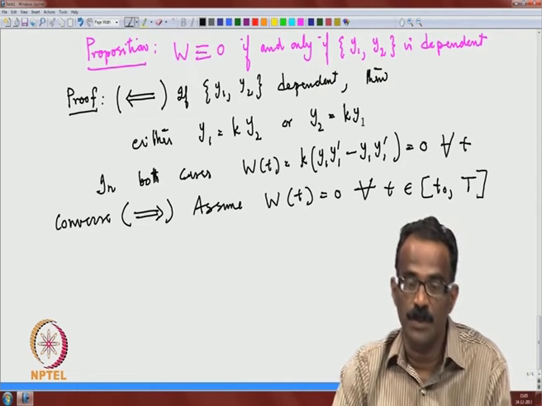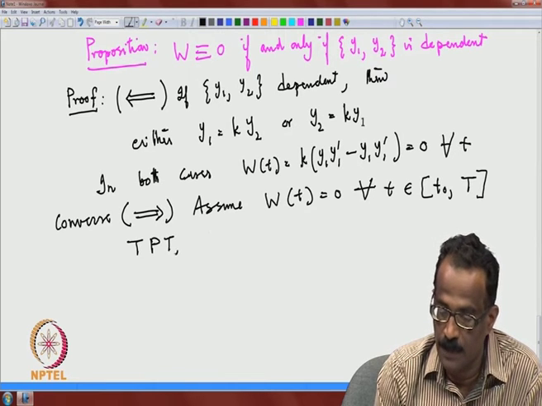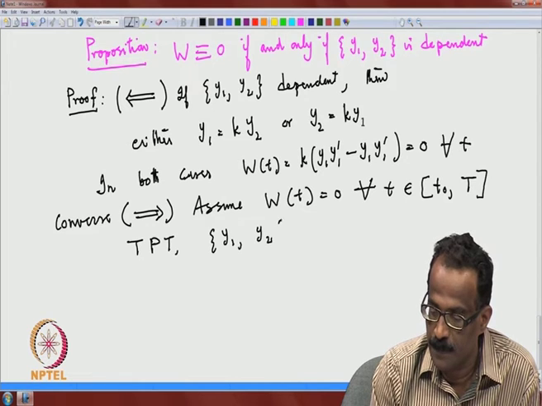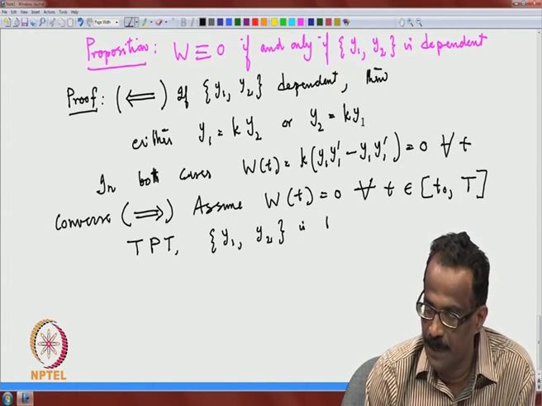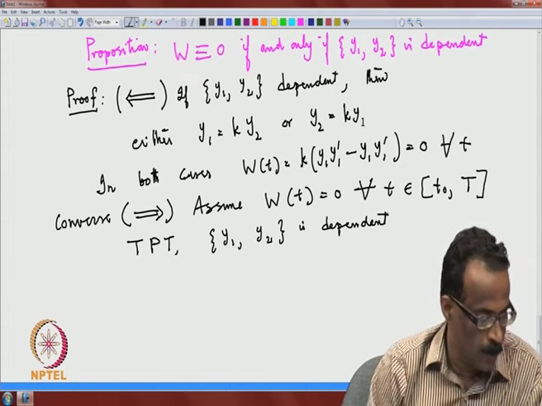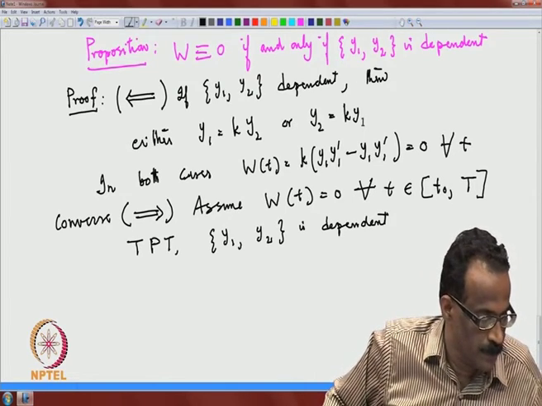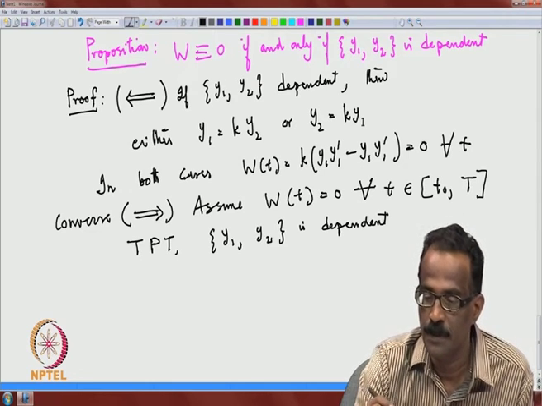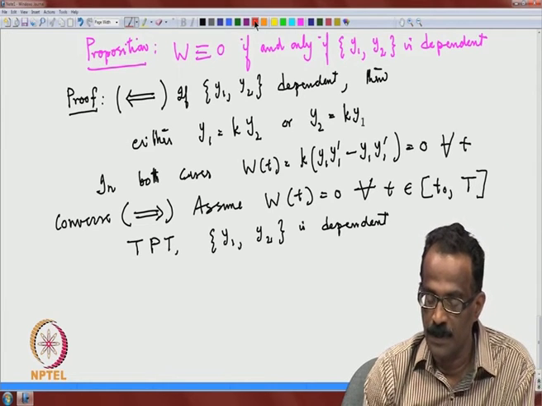So, this is what you have to prove, that y1, y2 is dependent. So, how do we proceed? So, let us proceed slowly, not very difficult, the proof.